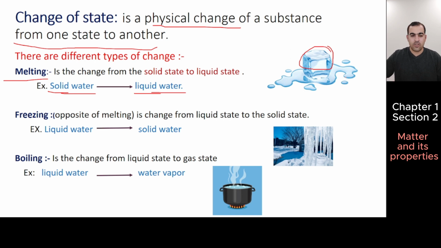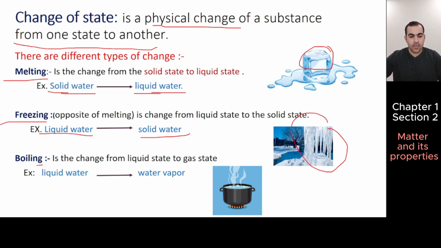So in this change of state, nothing new forms. So this is a physical change. Freezing. Liquid water changed to solid water, like ice. At that time, nothing new forms. It's still water, but in the solid state.